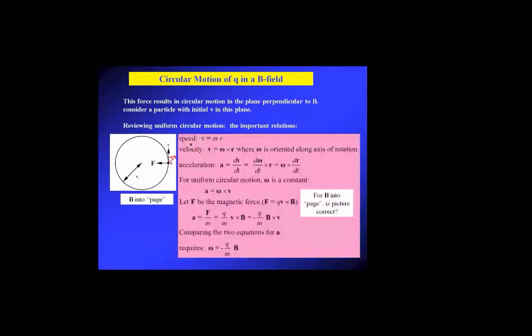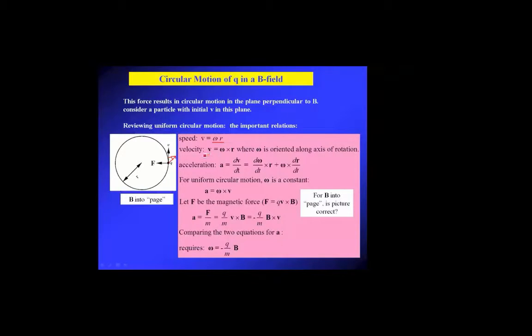So let's review uniform circular motion. The important relations are that the speed of a particle moving in a circle is simply the angular frequency times r. So v equals r omega, or omega times r.